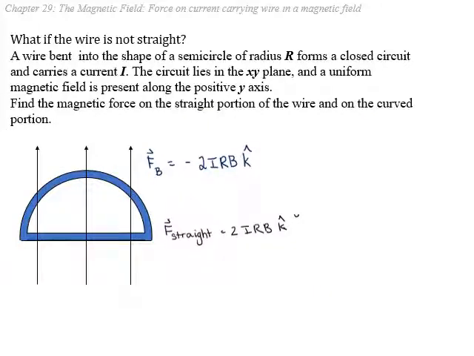So the force on the top curved part of the wire is minus 2IRB k hat, so 2IRB into the page. The force on the bottom part is 2IRB out of the page. So the net force on our loop is 2IRB k hat minus 2IRB k hat equals 0. So there's no net force on that loop.